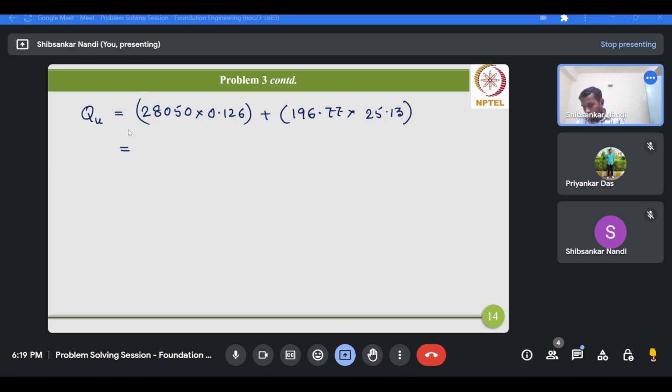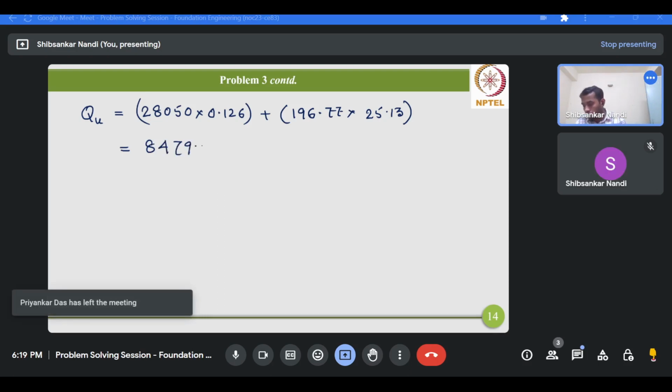I am getting something like 8479.13. Okay, so I may be wrong, please correct me for this calculation part.